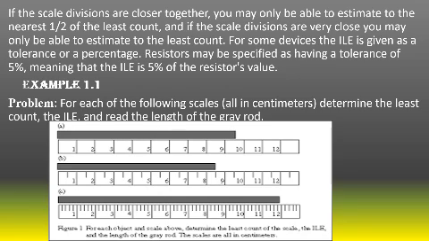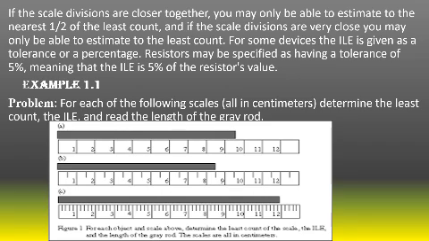So if we know our instrument limit of error and we know the least count, from here we see that our gray rod is located above the rule, and it is in between 9 and 10 centimeters.